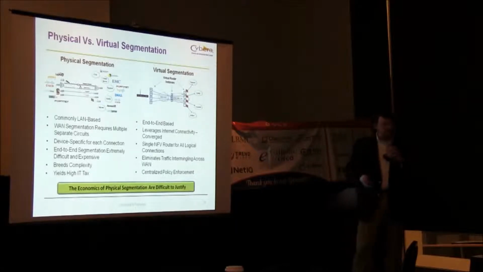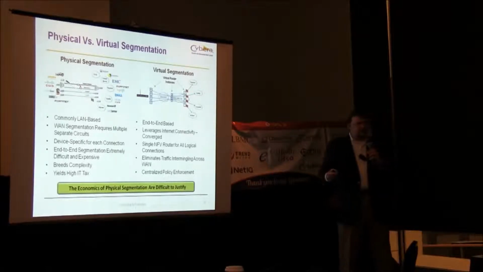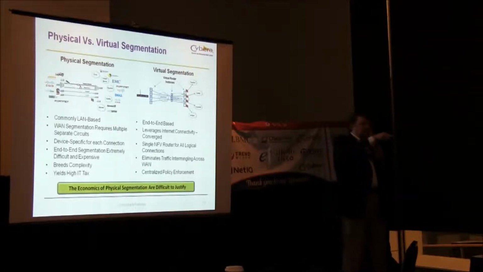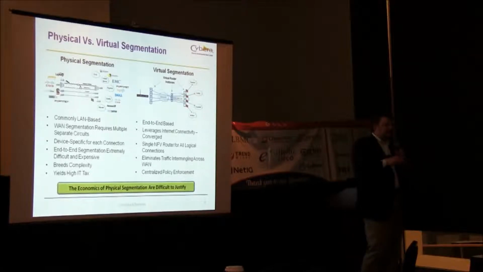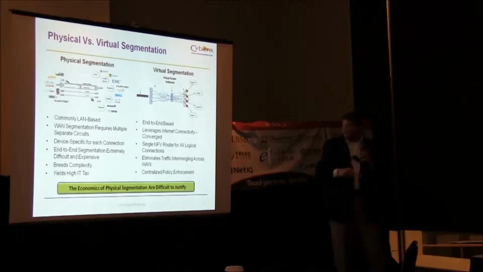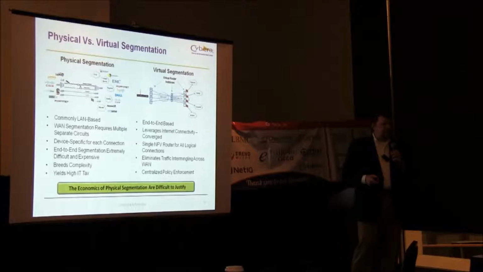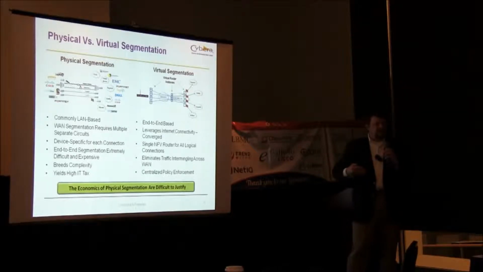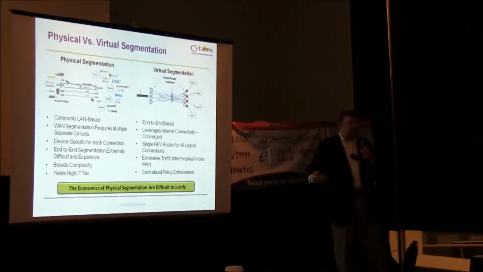So the economics of physical segmentation are difficult to justify. And as you roll out new applications, and those potentially impact the integrity of the existing applications you've spent so much time to secure, it becomes even more difficult to justify. It actually becomes a hindrance to the whole process of achieving your corporate strategic imperatives. We need this new application to make us more efficient.